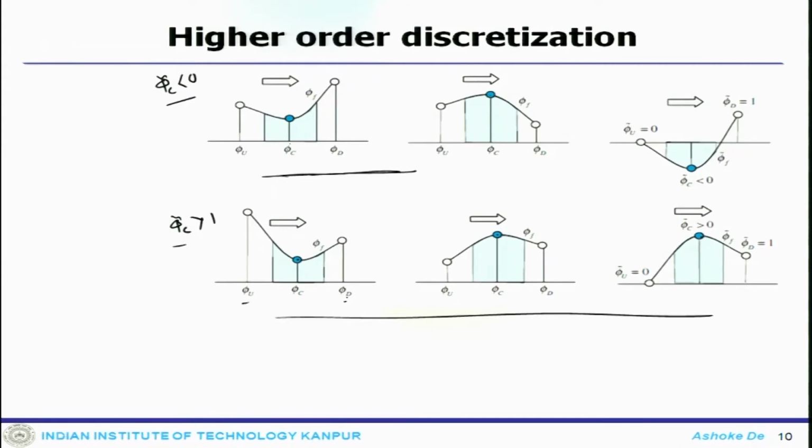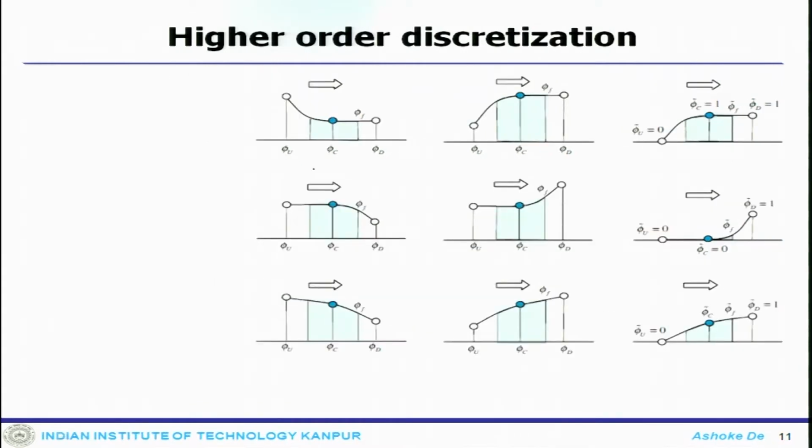Now, the other case is when it lies between 0 and 1. One case is phi c tilde equals 1, another is phi c tilde equals 0, and this is the case where phi c tilde lies between 0 and 1.